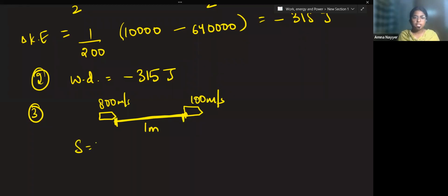Work done is minus 315. Can we calculate force now by any formula you have ever heard of? Work done, force, displacement. Can we connect it? Yes, Abdullah. Any equation to connect it?